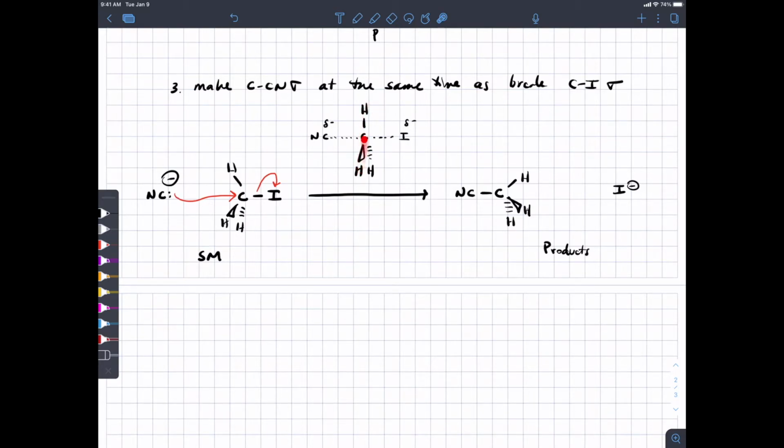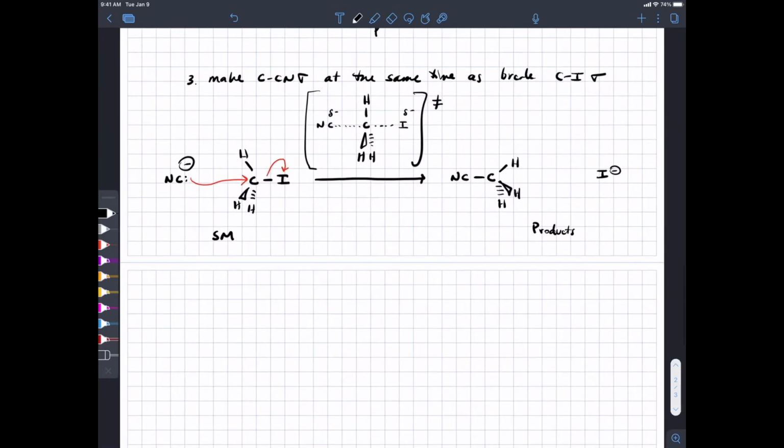We wouldn't know exactly whether CN minus was coming in faster than iodide was leaving. Depending on which one left versus came in, we might expect the carbon-hydrogen bonds on that carbon to be leaning in either direction. But this would sort of be the transition state. And then this would be our product.